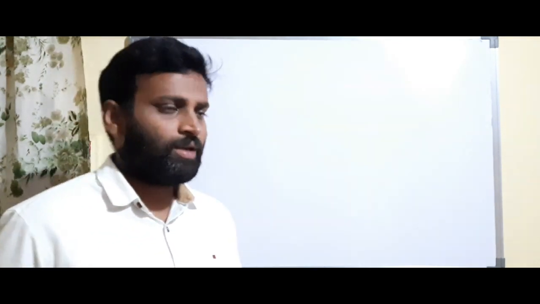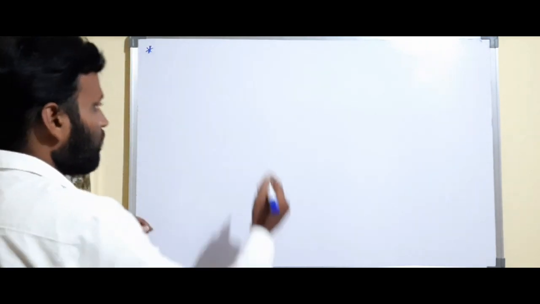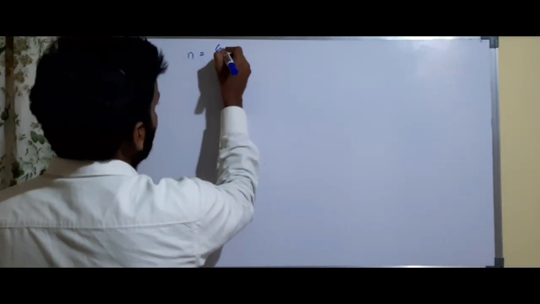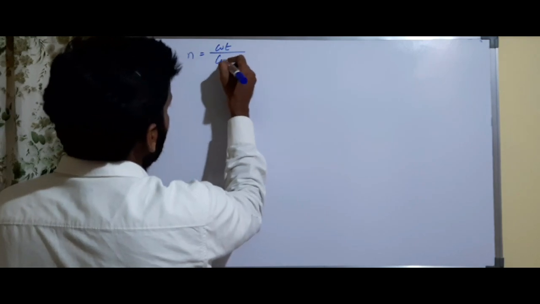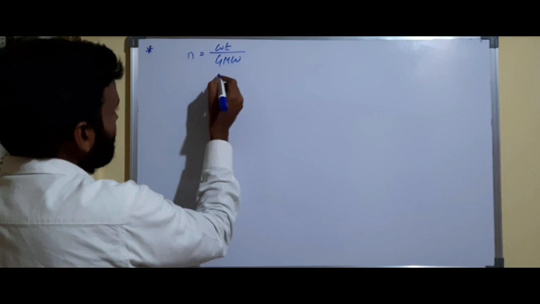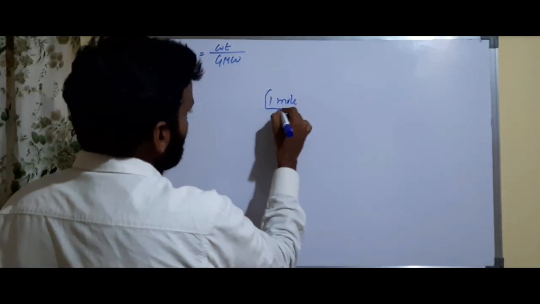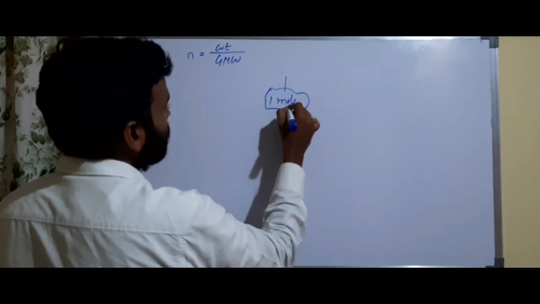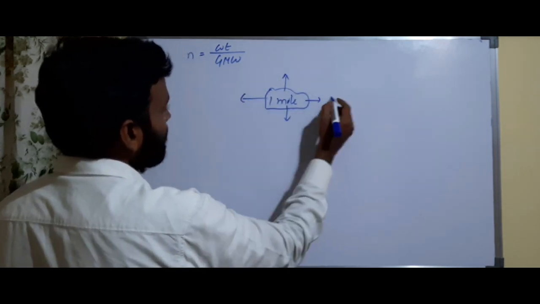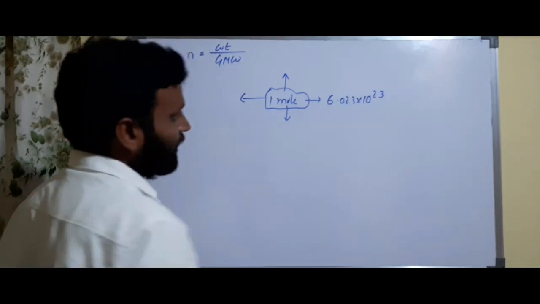It's very simple if you know a few things. For the newcomers, I'm telling you, the number of moles means the weight of the substance divided by the gram molecular weight of the substance. One mole means 6.023 into 10 power 23 particles.